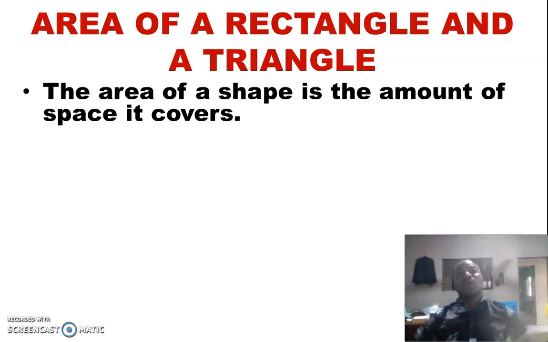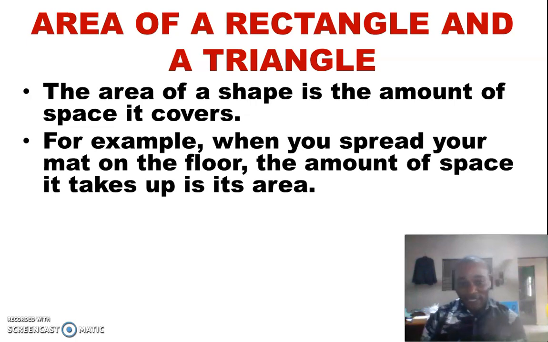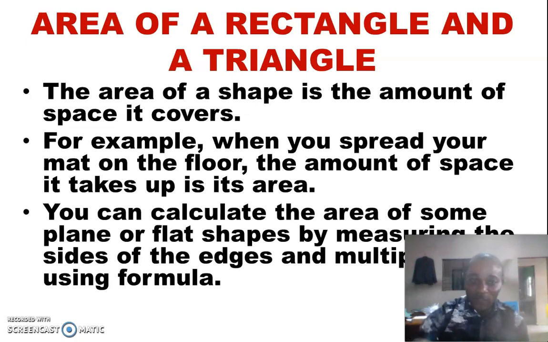For example, if you spread a map on the floor, the space it covers is the area. That's the area it covers when you spread a map. You can also calculate the area of some plane or flat shapes by measuring the sides or edges and multiplying or using a formula. You get it?